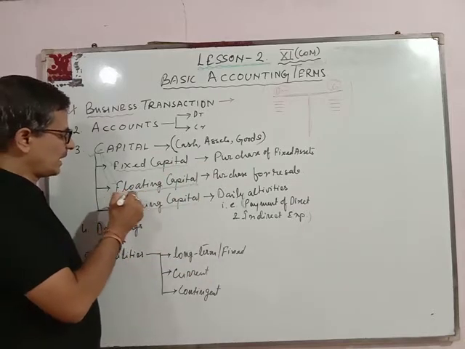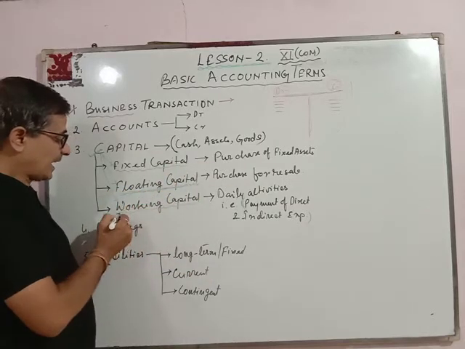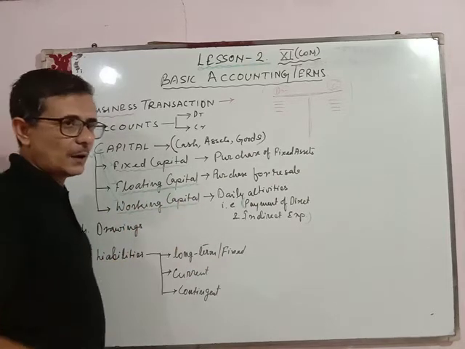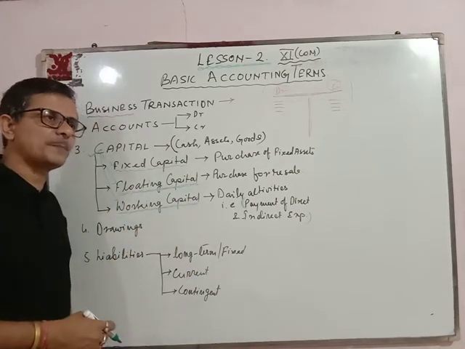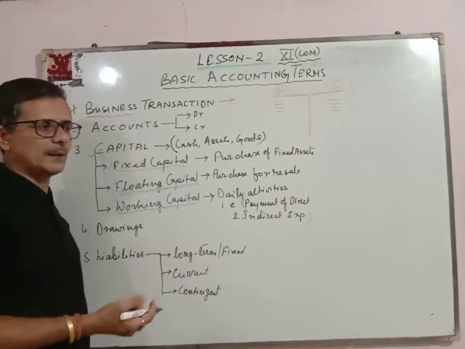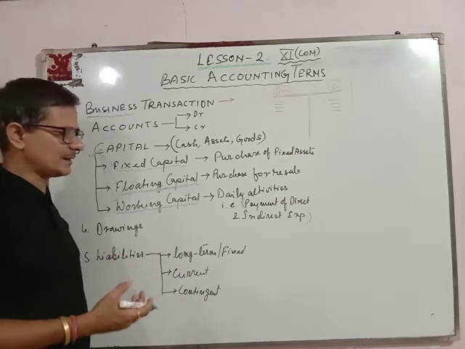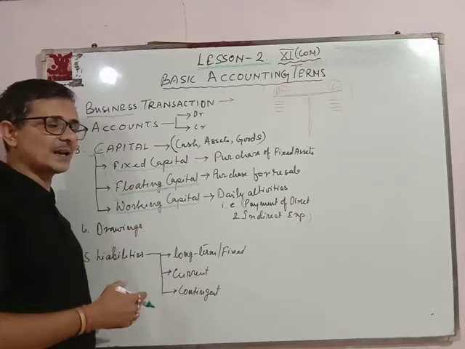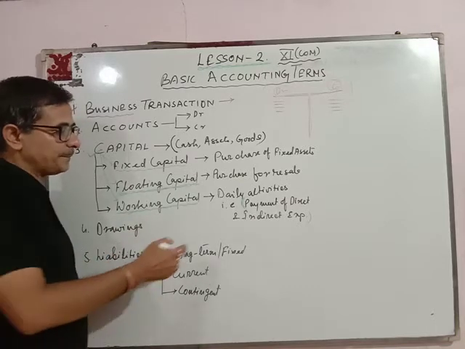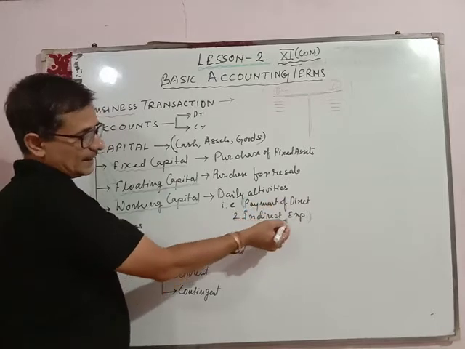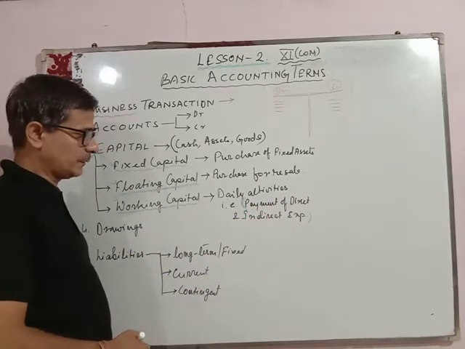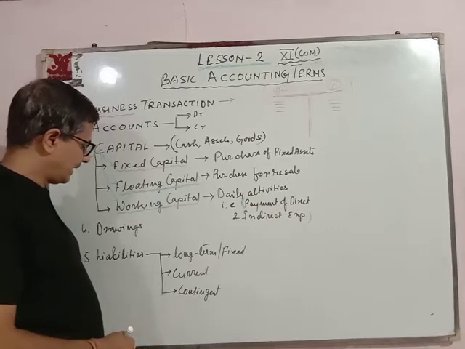So those are known as floating capital. Next is working capital. In the business, like in our home also, every day we spend some money for buying small little things. But in business, they keep cash in their cash counter for payment of direct and indirect expenses which they need to incur every day.